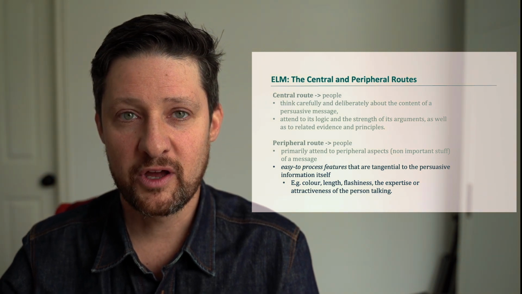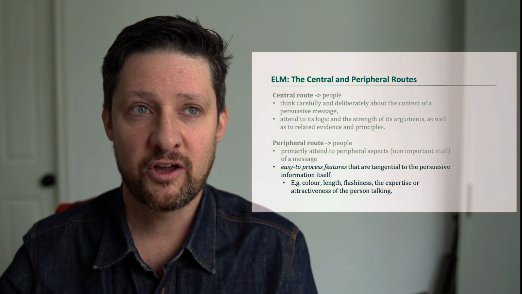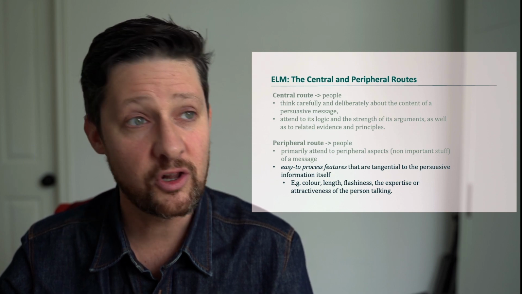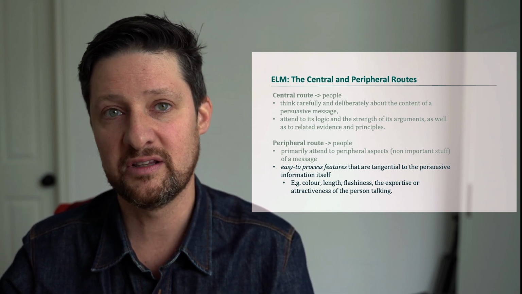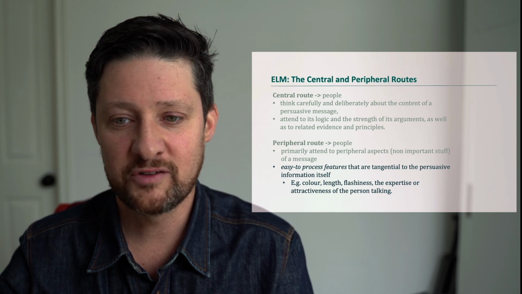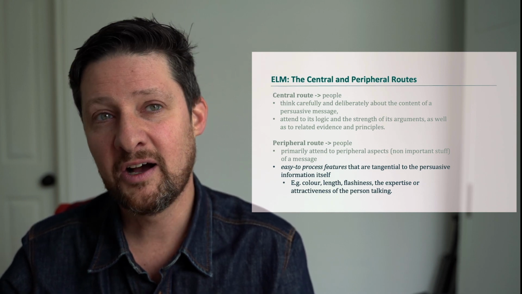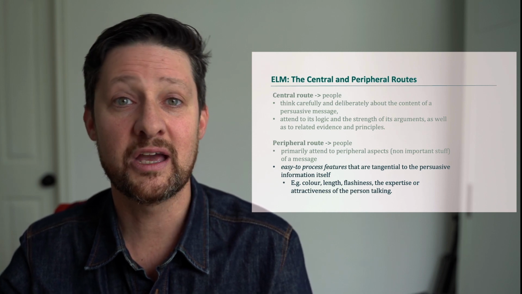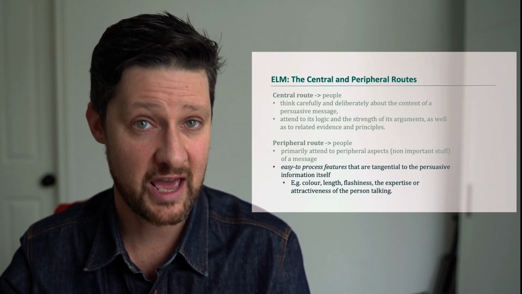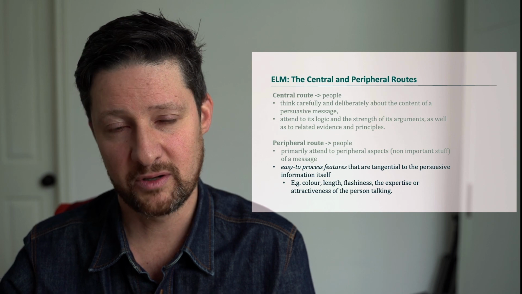To process the features through the peripheral route, you're using color, the length of the message, the flashiness, the expertise and attractiveness of the person talking, to make a judgment and create an attitude about the message.